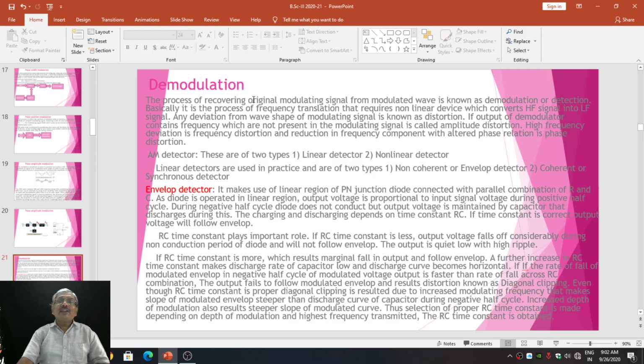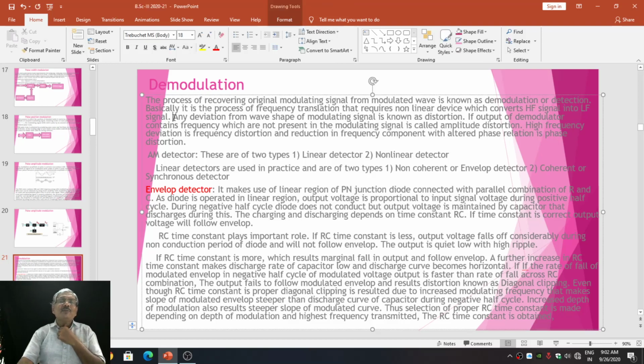The process of recovering the original modulating signal from the modulated wave is known as demodulation or detection. Basically, it is a process of frequency translation that requires a non-linear device which converts a high frequency signal into a low frequency signal.